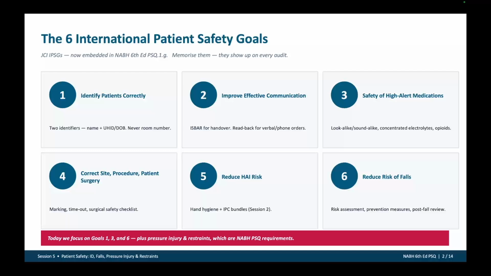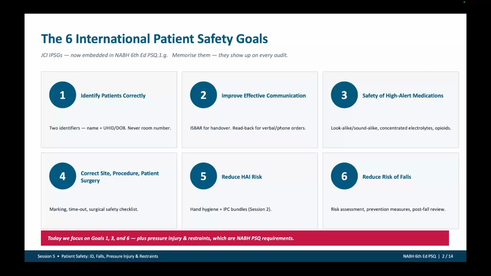The correct site, procedure, and patient surgery: marking the surgical site, timeout, and surgical safety checklists are essential these days. Reducing hospital-acquired infection risk by utilizing the hand hygiene technique and infection prevention and control bundles, as discussed in session 2. Reducing the risk of patient fall needs risk assessment, prevention measures, and post-fall review.